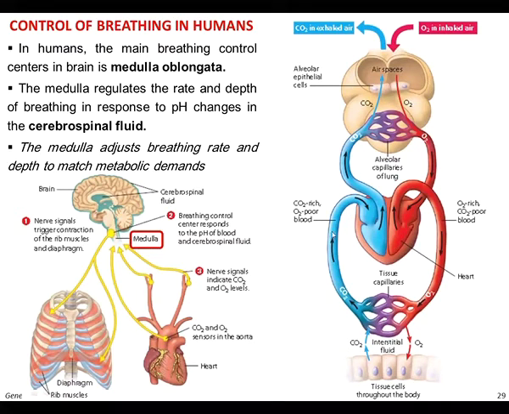And the oxygen-poor blood will be collected in the right atrium and will be pumped by the pulmonary arteries to the lung, and so the exchange occurs in the air sacs.